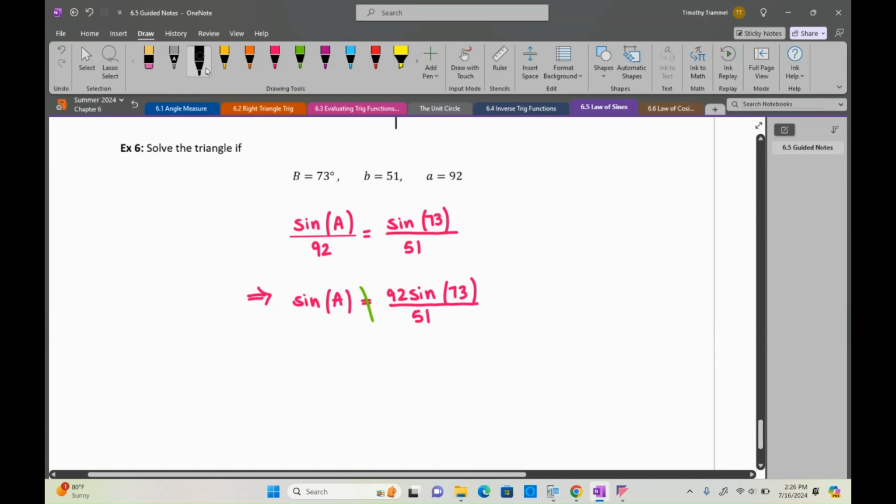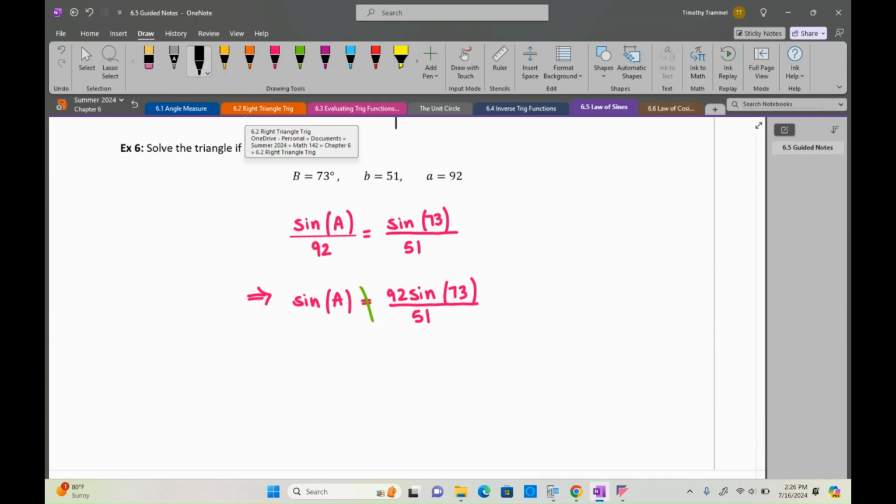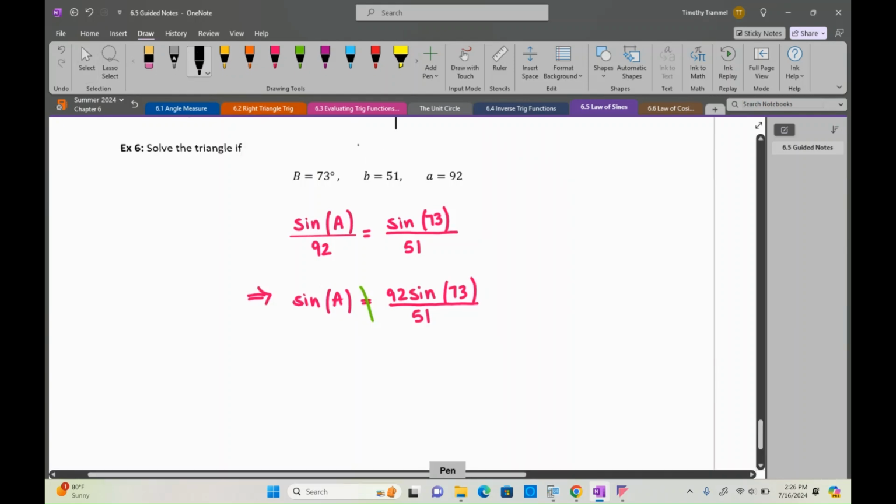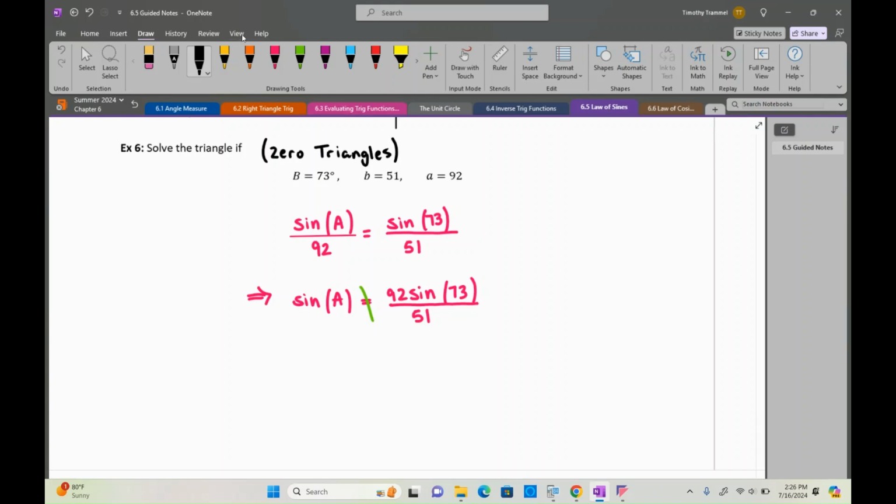So what this also means is there is no triangle in this case. So maybe I'll put 0 triangles. So this literally means no triangle has these exact 3 conditions. It's not possible. Okay. Let's just write in here though that no triangle.